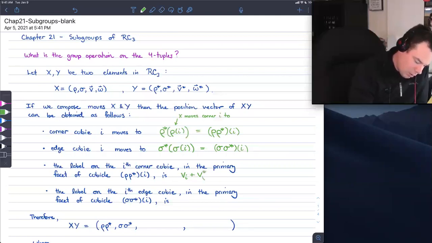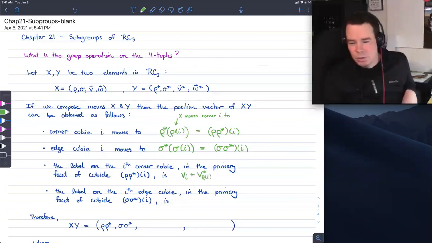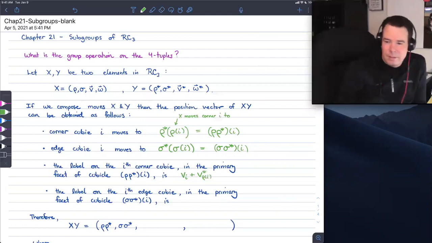And since it's in location row I, it's going to get the number that the next move gives to the cube in the row I position. So this is what the label is on the ith corner QB of the location it lands in after the 2 moves. It gets a VI to start, and then it gets the V star row I as the next number.